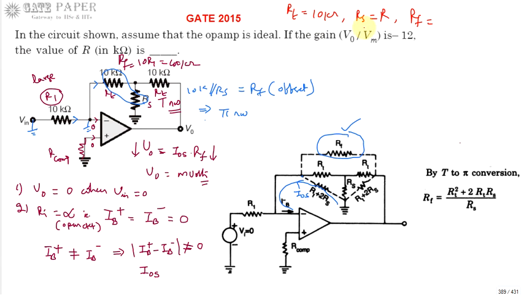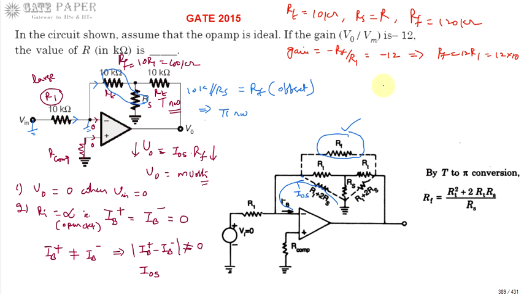For an inverting op amp, gain is equal to minus RF by R1, and that is given as minus 12. From this, RF is equal to 12 times R1. R1 is 10 kilo ohms, so 12 into 10, that is RF is equal to 120 kilo ohms.